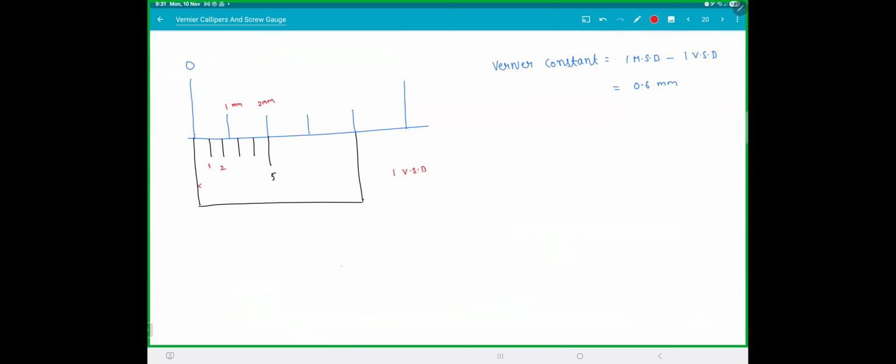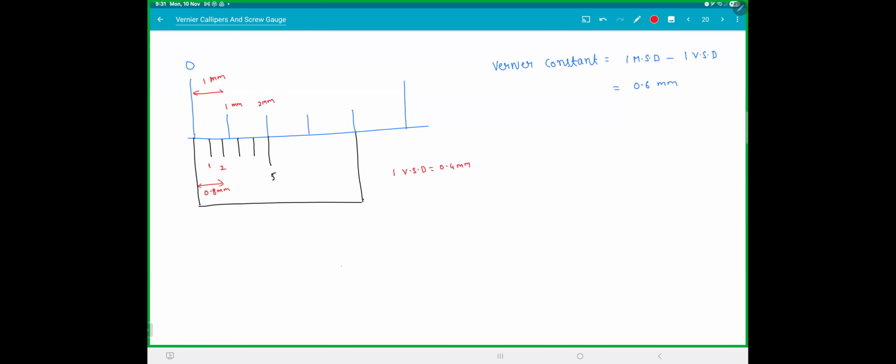One Vernier scale division is 0.4 mm. Okay. What is the distance between the first division and the first division? 0.6. What is the distance between the second division and the first division? So from here to here, the distance is 0.8 mm. From here to here, the distance is 1 mm.